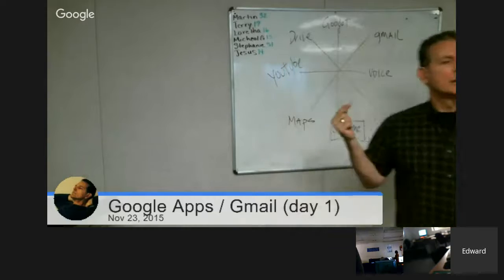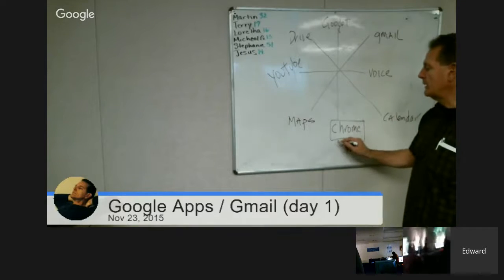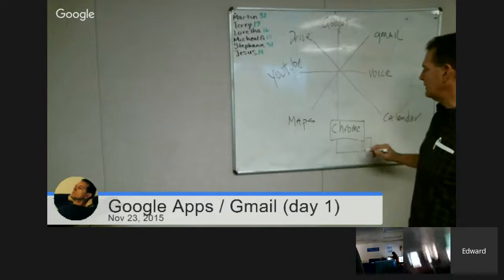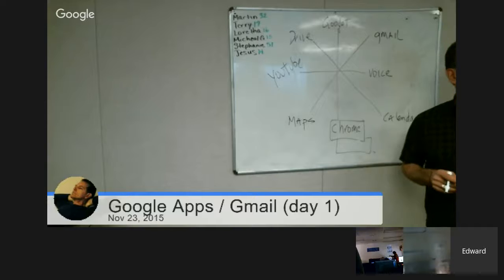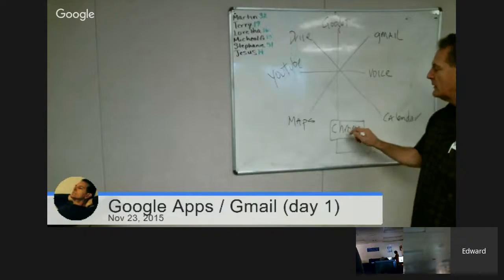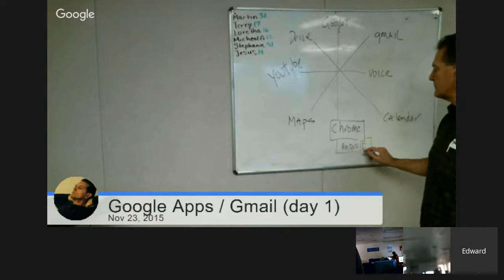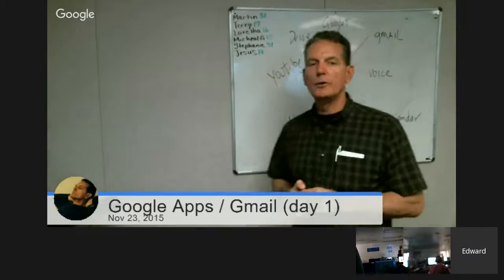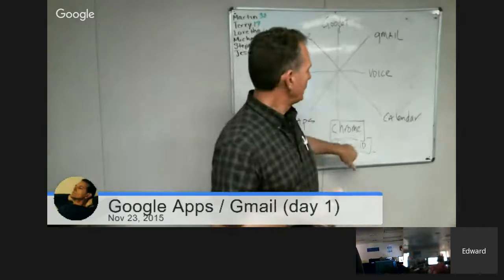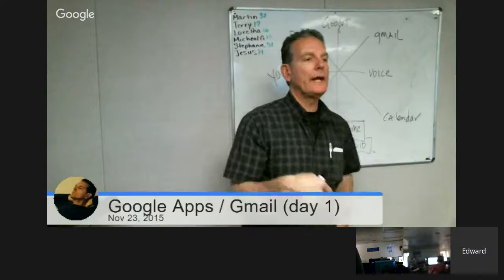And what is the operating system? I'm going to put the other one down here. What's the other operating system that Google has? Well, actually, this is a browser. Android. Okay? So Android is Google's operating system. I've been reading lately that Google is going to start integrating more and more things into Android.